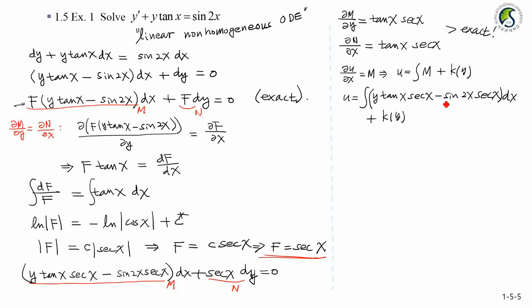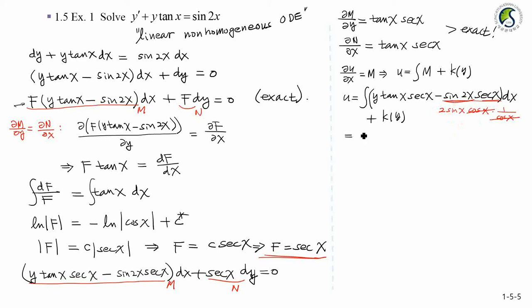Let's simplify this term a little bit further. Since sine 2x is 2 times sine x cosine x, and this is times 1 over cosine x, we can reduce it to 2 sine x.